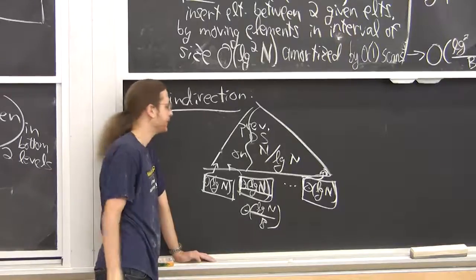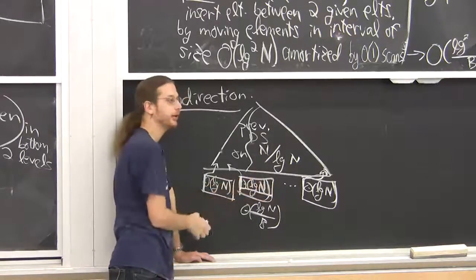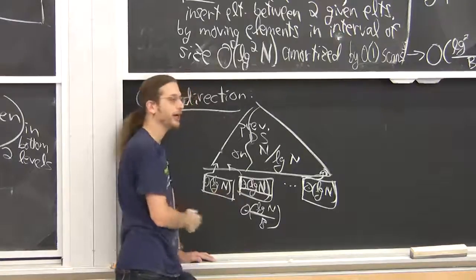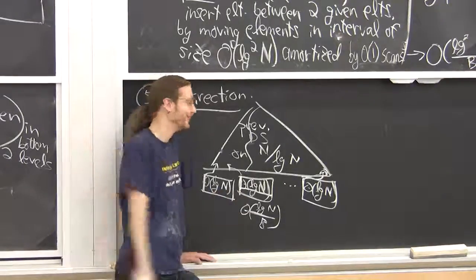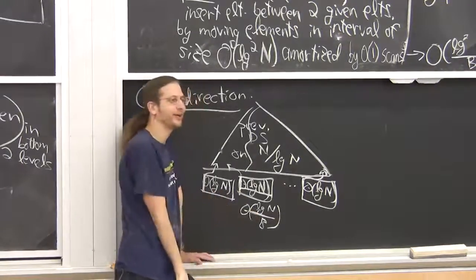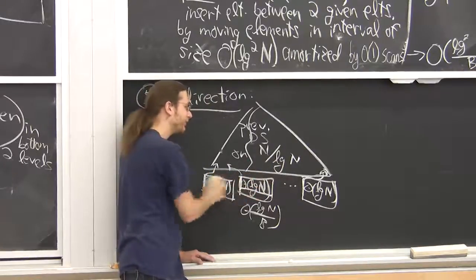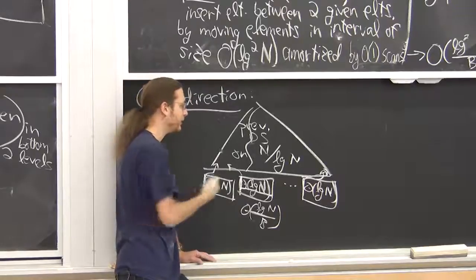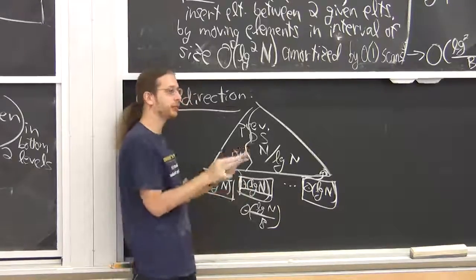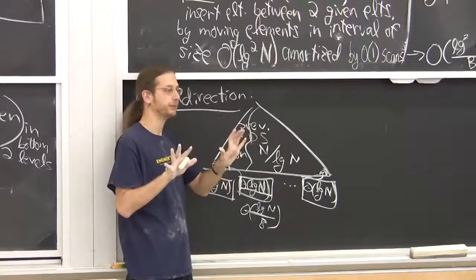Done. As long as this block doesn't get too big, how do I insert into a block? Rewrite the entire block. It's a scan. It only takes log n over b. So it's basically free to rewrite this entire block every time as long as it has size at most log n. If it gets too full, then I split it into two parts that are half full.